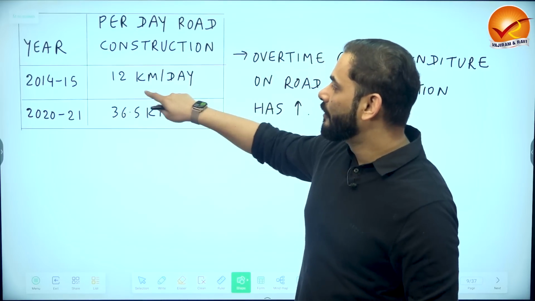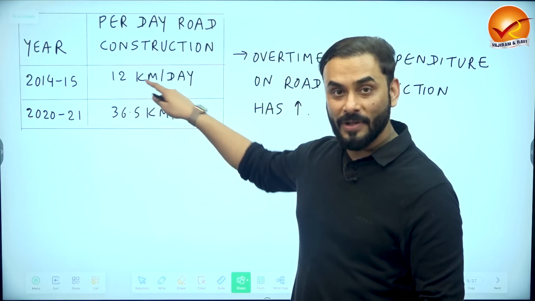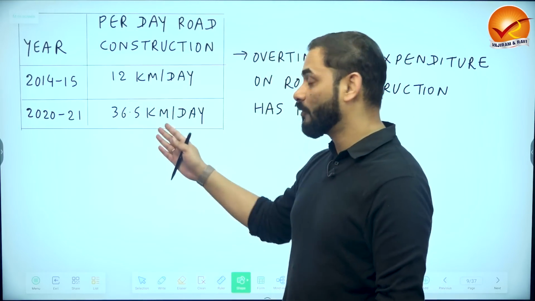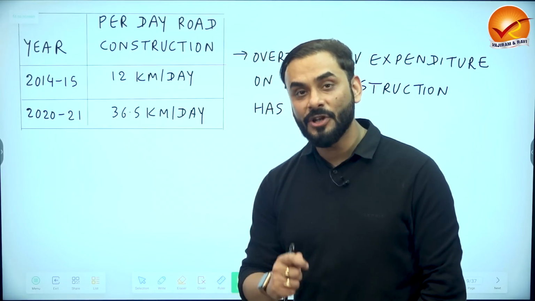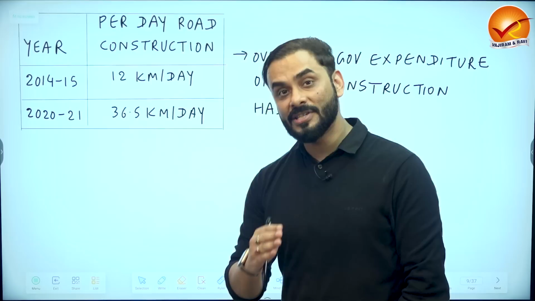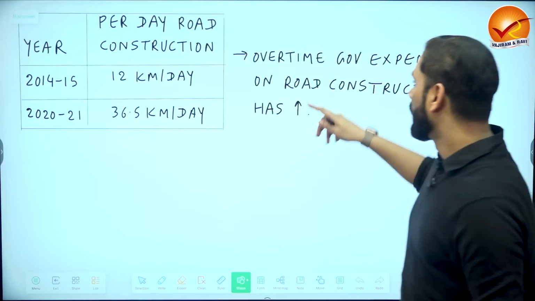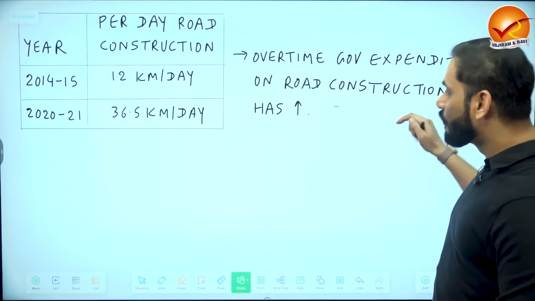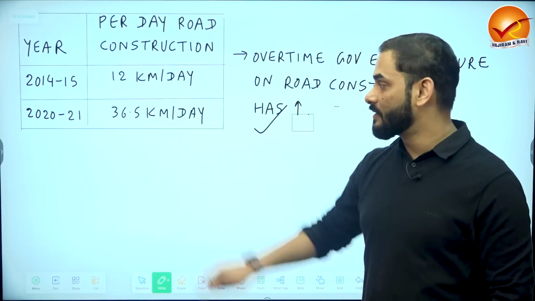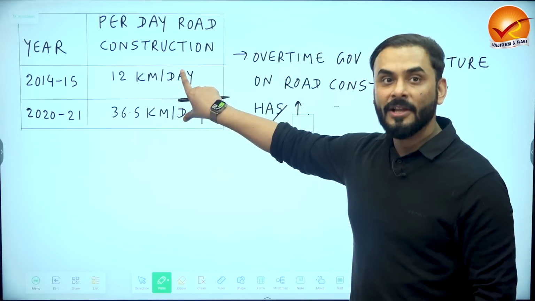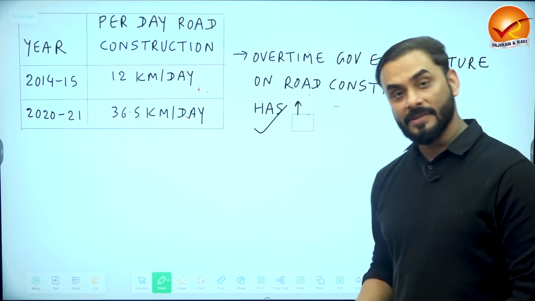Look at the jump. Earlier you were constructing 12 kilometers a day and now almost 36.5 kilometers a day. Of course, the expenditure on road construction must have increased over time. So over time, government expenditure on road construction has increased, and this statement can be asked in UPSC as a factual question.